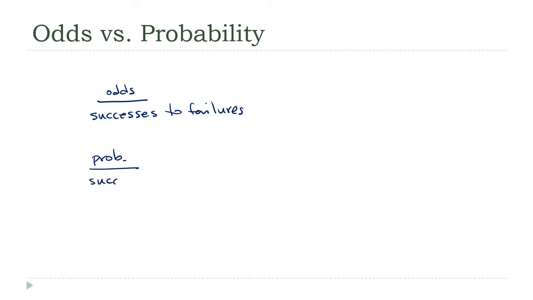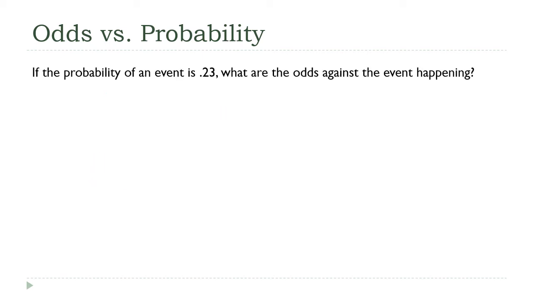Odds compare successes to failures, where probabilities compare successes to the total. That's the key difference between the two. So let's see how we could do some conversions here.